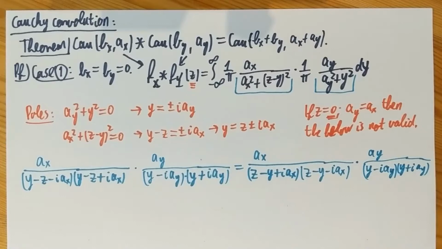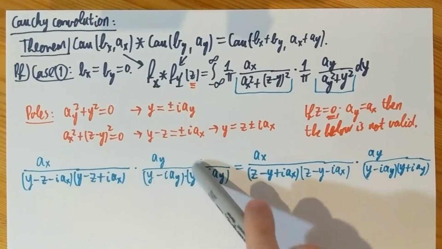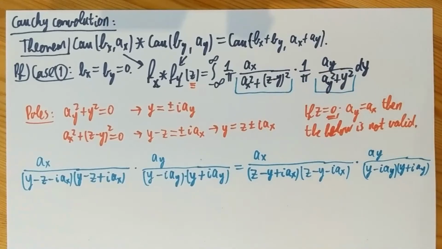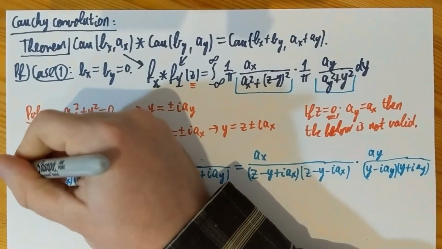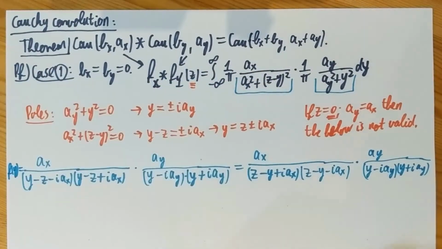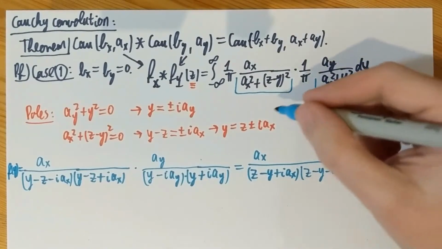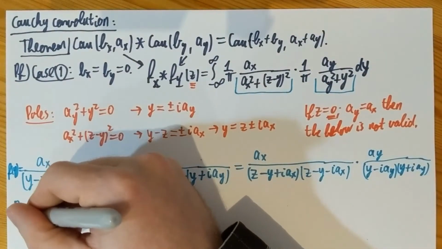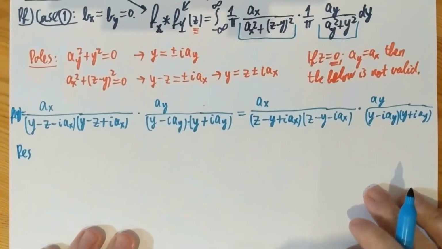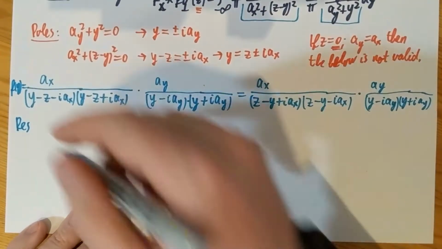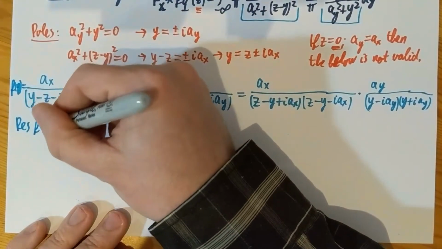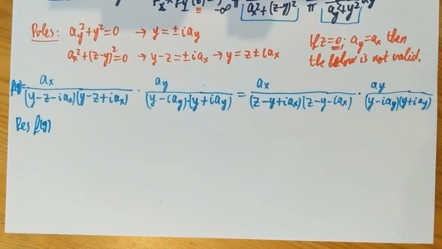All right, now let's calculate the residues. So this is my integrand apart from 1 over pi. I am going to call this actually f of y. So let's find the residue of this whole business. What is the residue of f of y at these particular points?